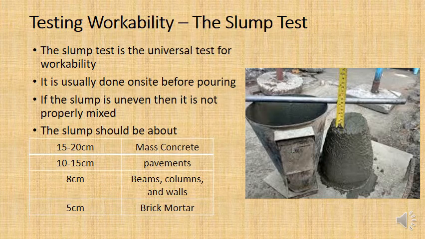So the slump test is basically where after you've made the concrete mixture, you have this cone, and you can see the cone there. It's a steel cone.